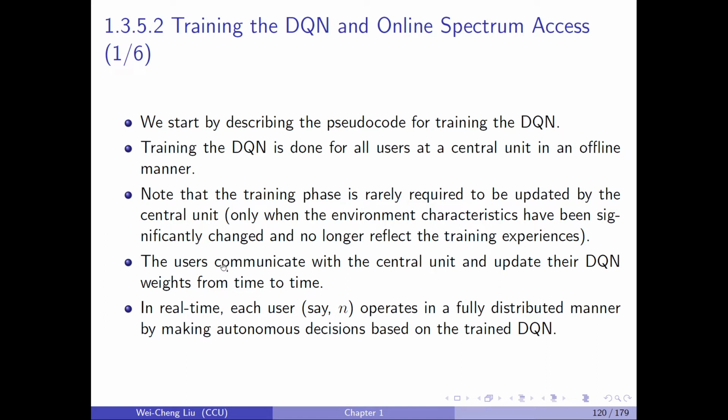The users communicate with the central unit and update their DQN weights from time to time. In real time, each user, say small n, operates in a fully distributed manner by making autonomous decisions based on the trained DQN.